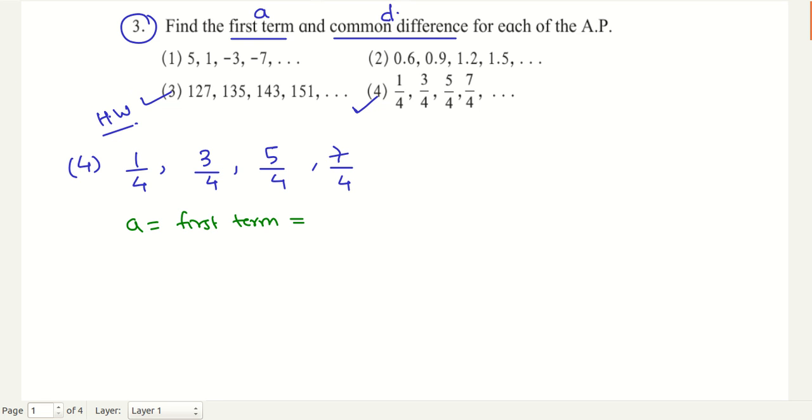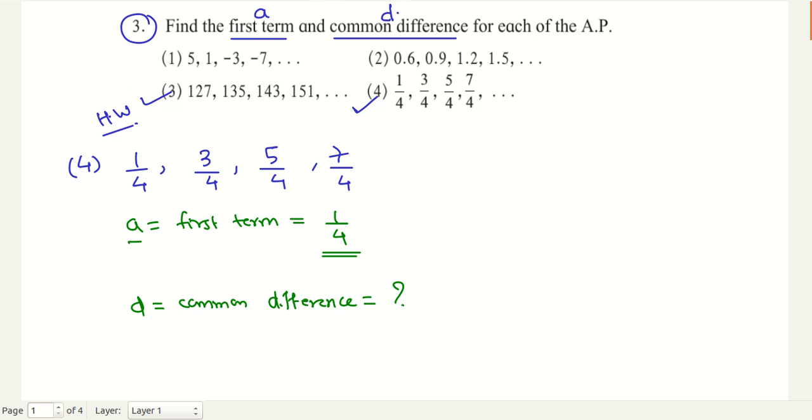You have to explain it properly. What is the meaning of A, first term? Identify it from the given series. So the problem is again half solved, and the remaining task is you have to find the common difference. Common difference is denoted by D, and that is what you have to find.